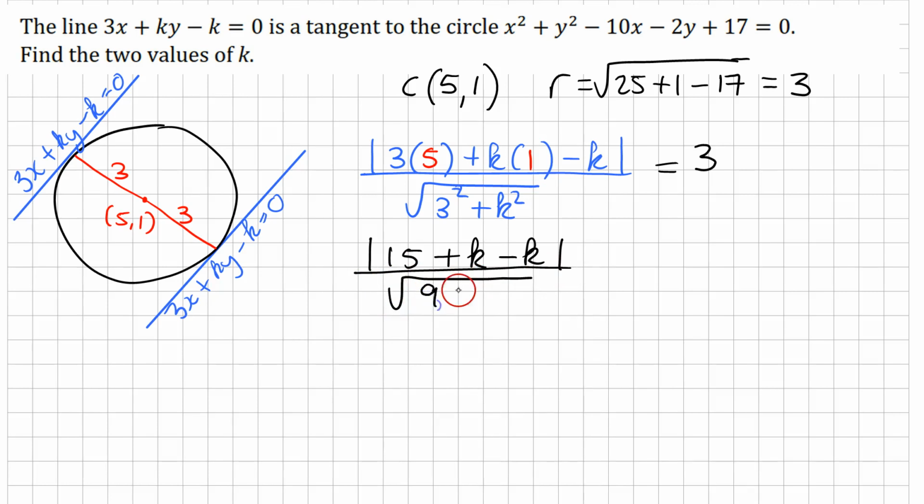And then we have the square root of 9 + k² equal to 3. Okay, so the next thing then on top, I have the absolute value of 15, which I can just write down as 15 because obviously it's a positive number. And then on the bottom, I have the square root of 9 + k², equals 3.